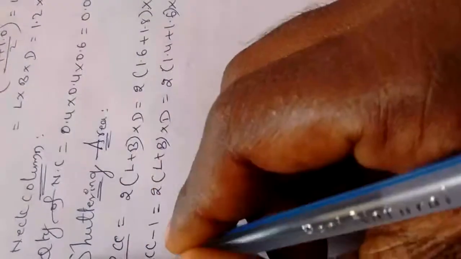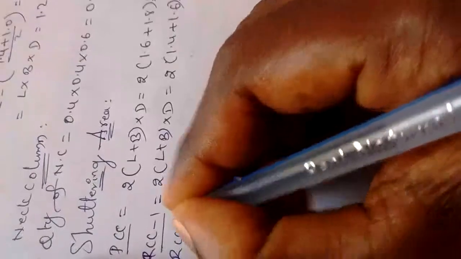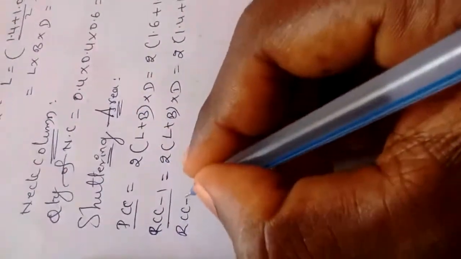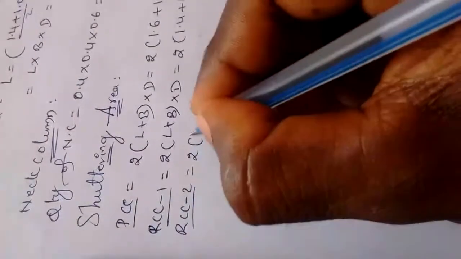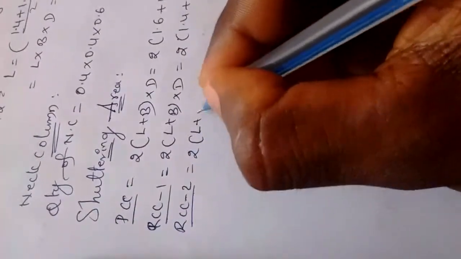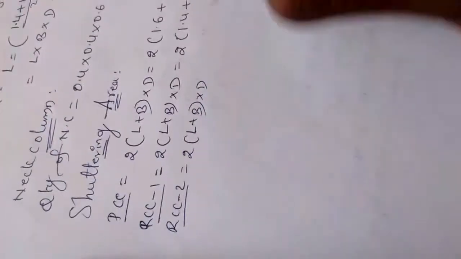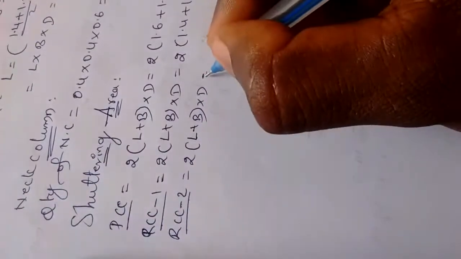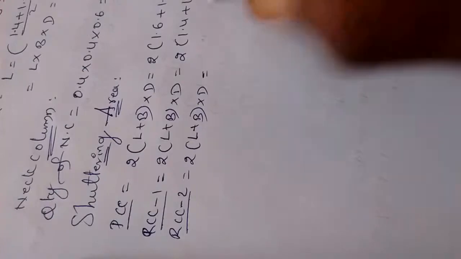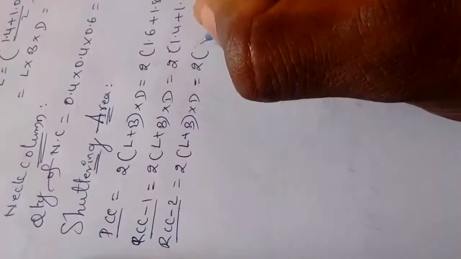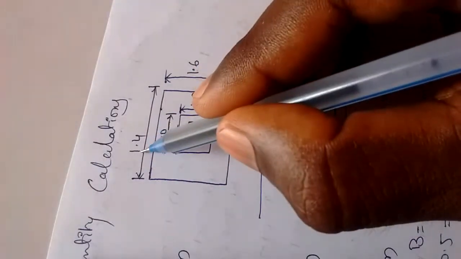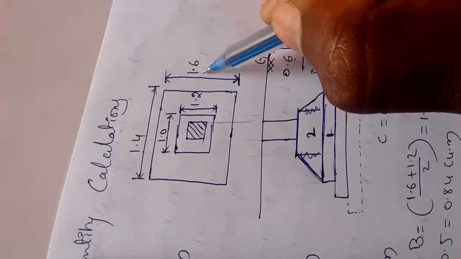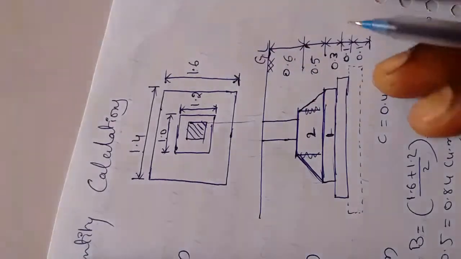Next, RCC part 2. Formula 2 into (L plus B) into D. Substitute these values: for length we don't take 1.4 meters, and for width we don't take 1.6 meters.